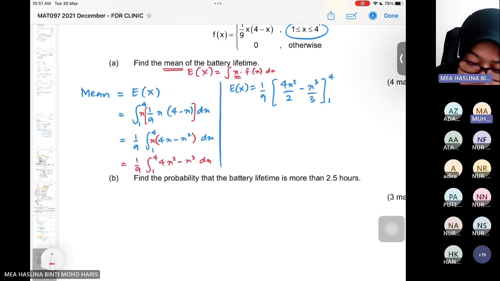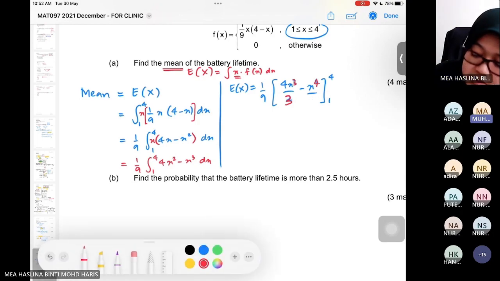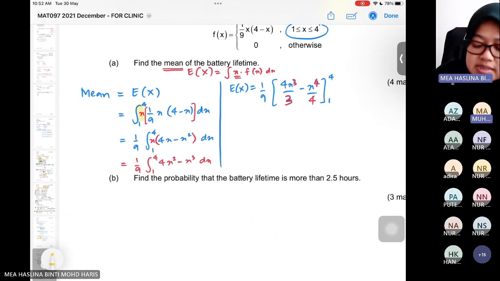That was wrong. So here we have 4x cubed over 3 and x to the power of 4 over 4. The error which will affect your calculation is the missing x, the multiplication by x.